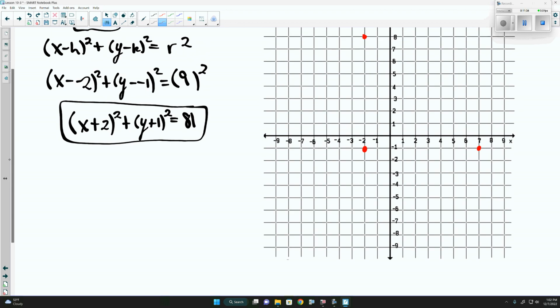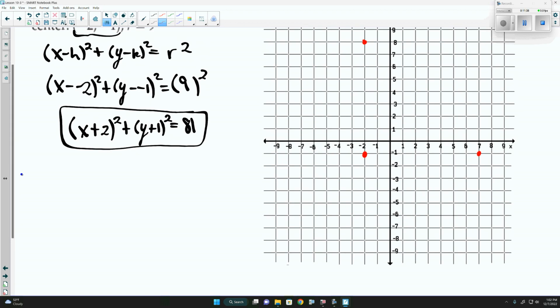Try not to scroll that far. 1, 2, 3, 4, 5, 6, 7, 8, 9 to make a point. We can also go to the left 9, somewhere about here. And those would be the main 4 points on the circle, yes?